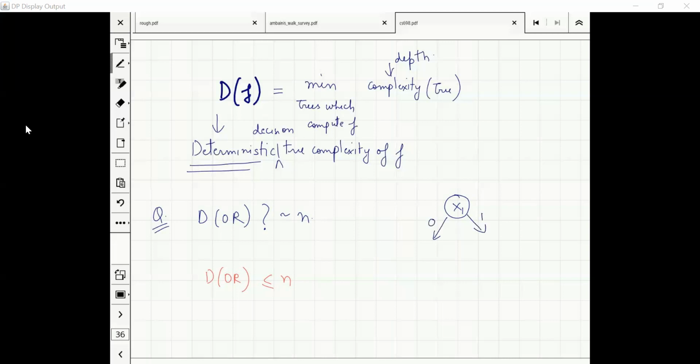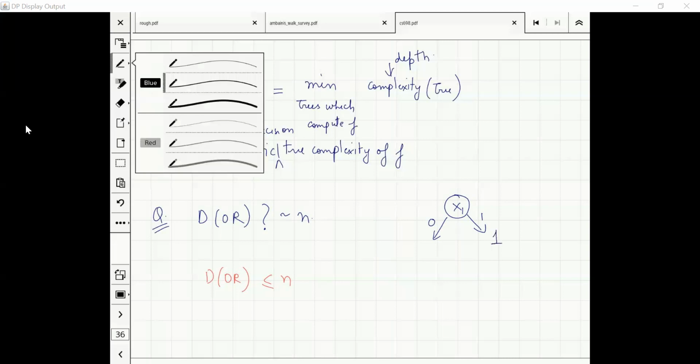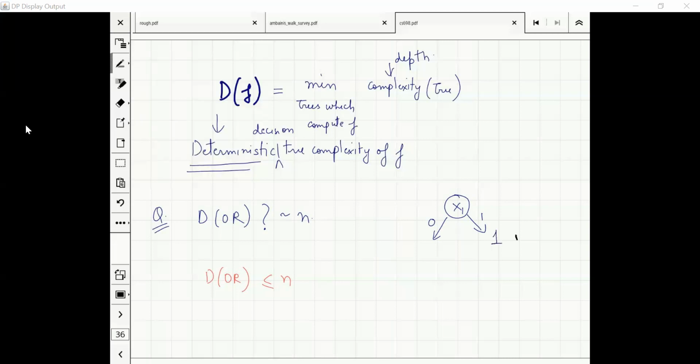If x1 was 1, then what do we know? That the function value is already 1. I am done, and this branch will never proceed. But if it is 0, then we query x2. You can query x2, x3, whatever you want. Again, 0.